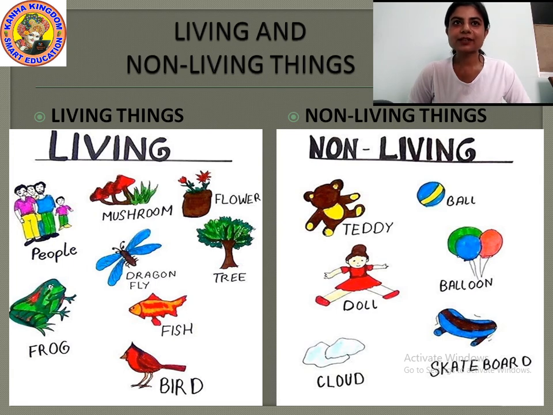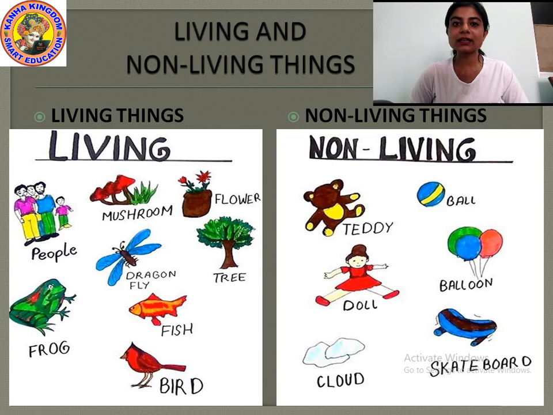Students, can you see the picture of living things and non-living things? In the column living things, what are the pictures? Can you see? People, frog, mushroom, flower, tree, dragonfly, fish, bird. Yes or no? There are plants, there are animals, there are human beings. What are all these?